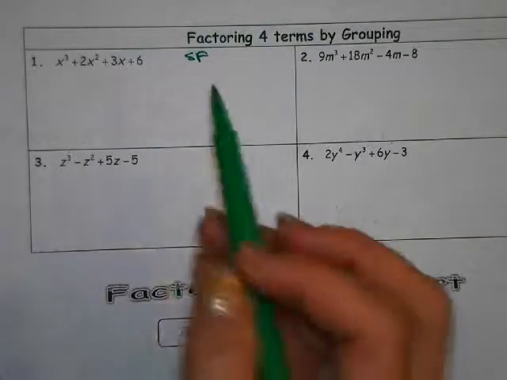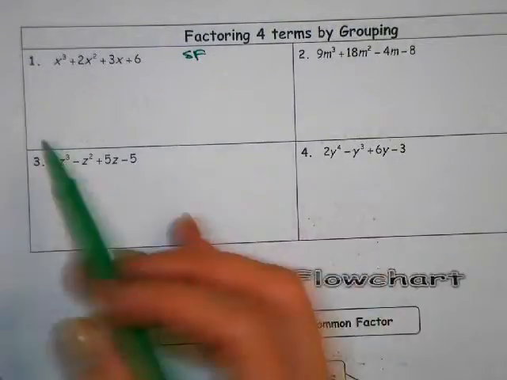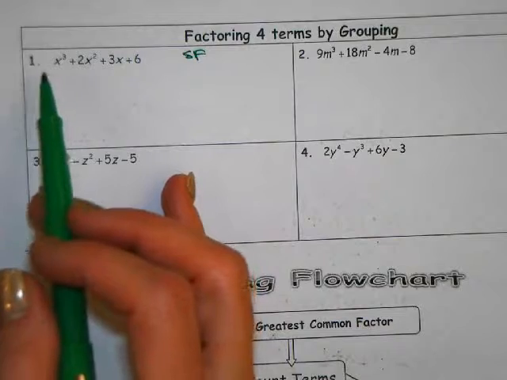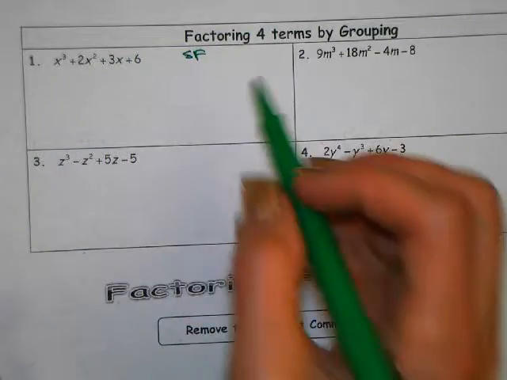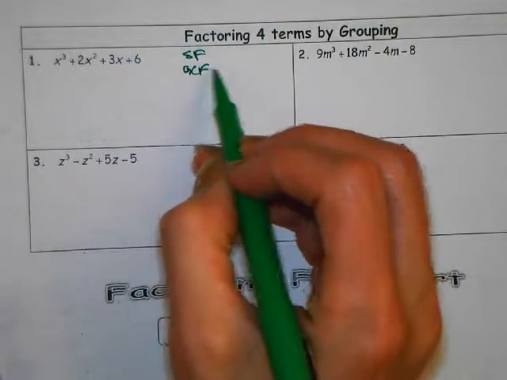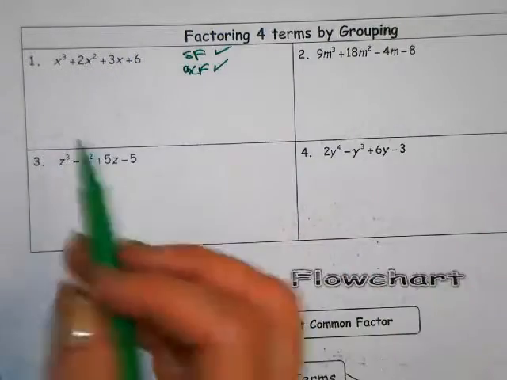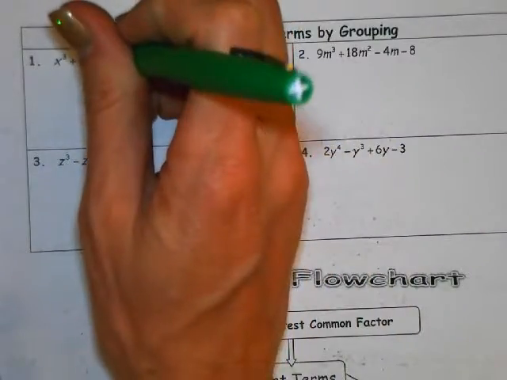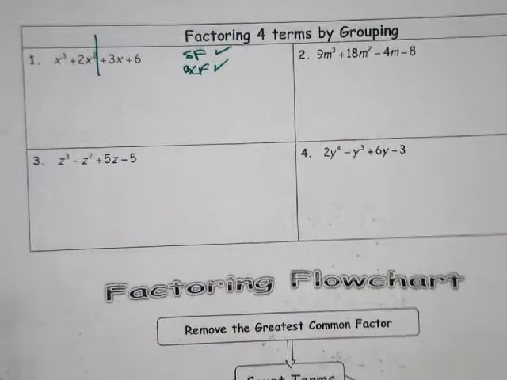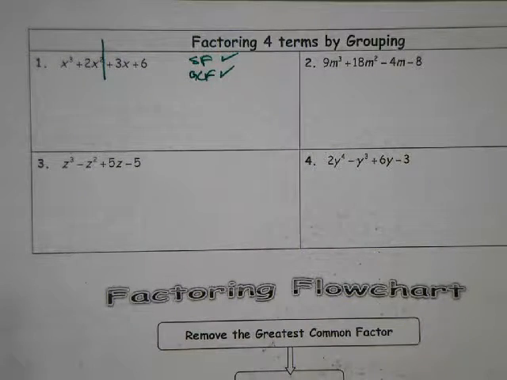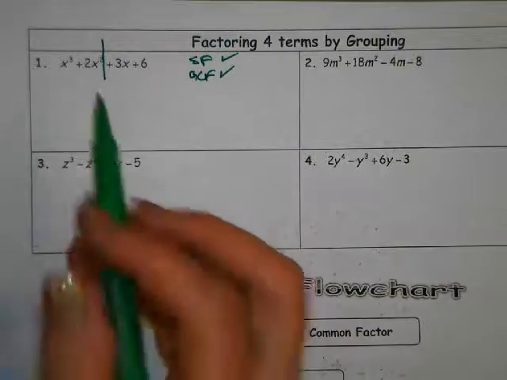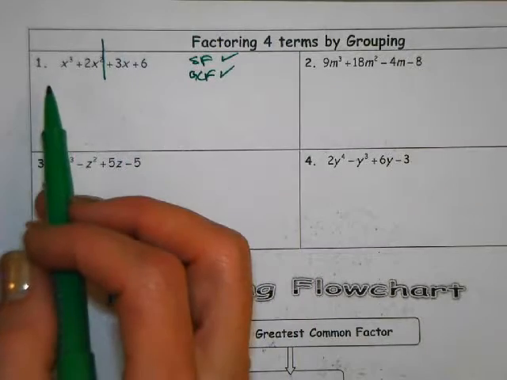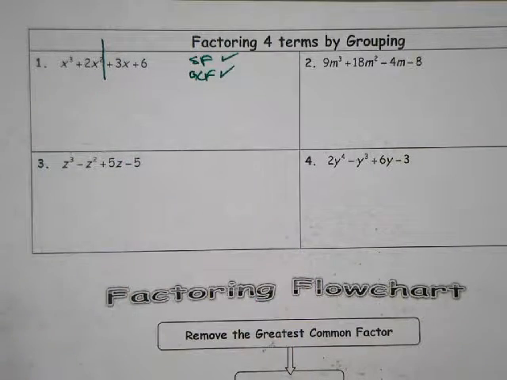Then I want to see if there's any greatest common factor I can pull out. I don't see any greatest common factor in that, so I'm going to move on. When it's 4 terms, all I'm going to do is divide it in half. I'm going to take a little line and divide it in half. Then I'm going to look at each side separately in regards to pulling out a greatest common factor.